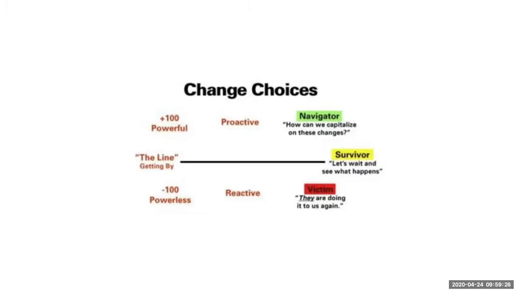Well, another mode that Clemmer speaks about is the survivor mode. We get by, and it's a little bit of navigator, a little bit of victim in there, but mostly we're sitting on the fence. We're waiting to see what's going to happen, and sometimes we're waiting for someone else to do something. It can be wise to wait: let's gather some more information, let's do a little more research.